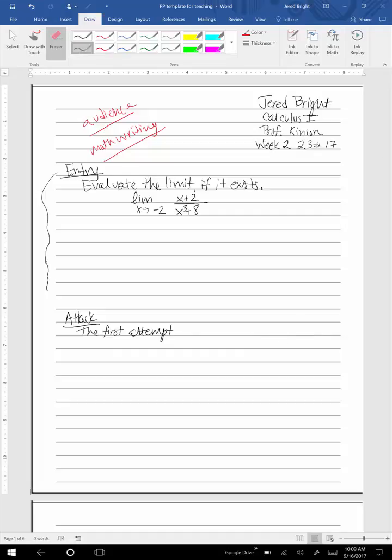Okay, so the first attempt we make at evaluation is the direct substitution property.